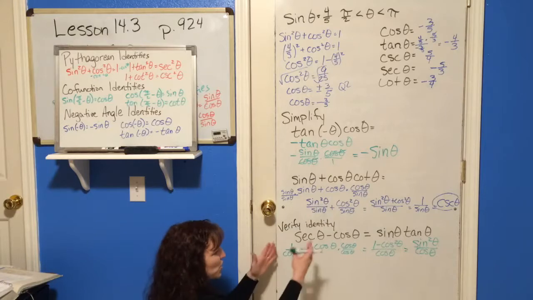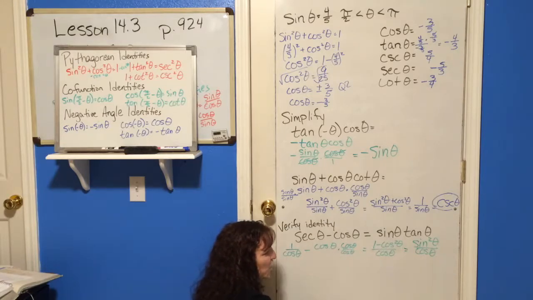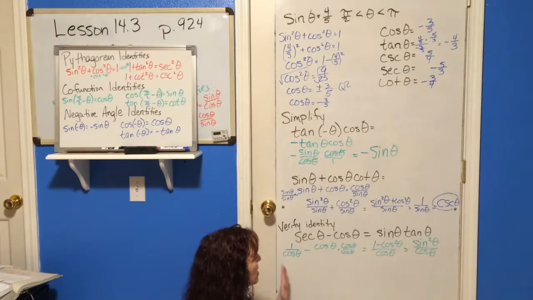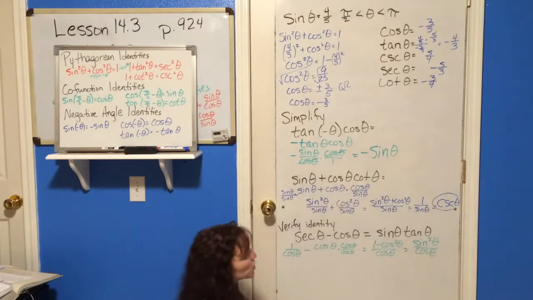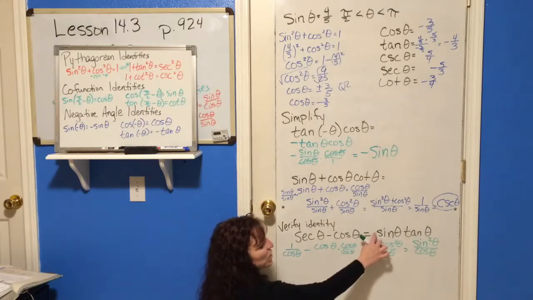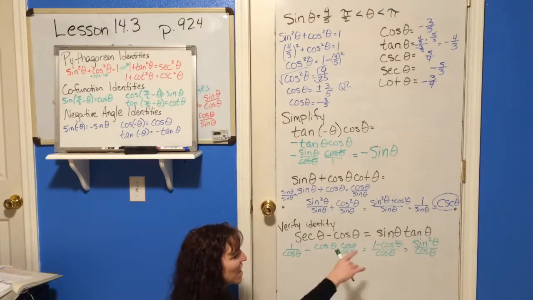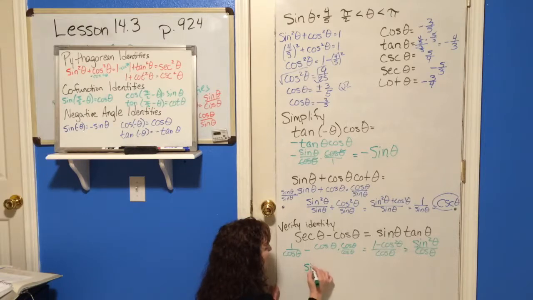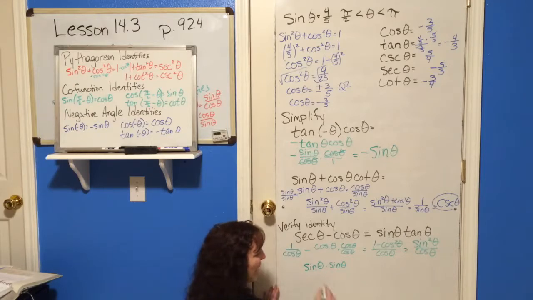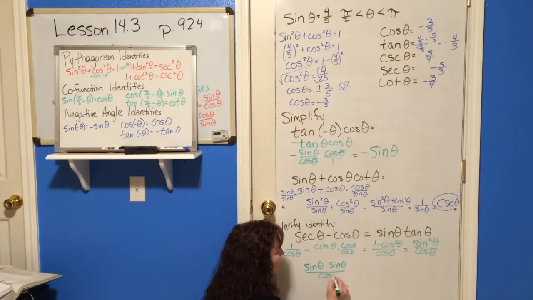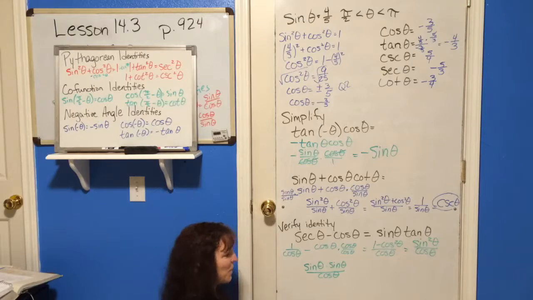I prefer to see it going down and I'm having to go across. So hopefully you can see this equals this equals this. So now sine squared of theta over cosine of theta still doesn't equal exactly this, but check this out. You can take sine squared of theta and say that equals sine theta times sine of theta, and that's still over cosine of theta. You see where we're going?